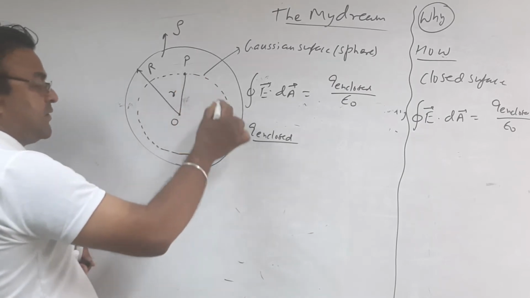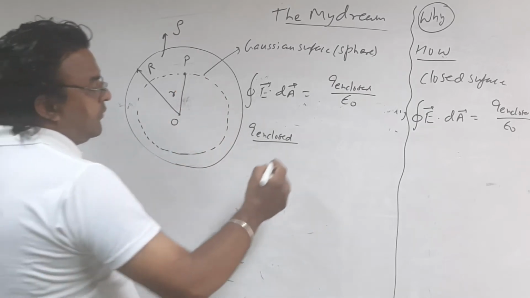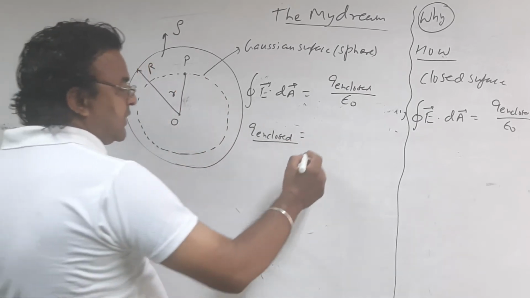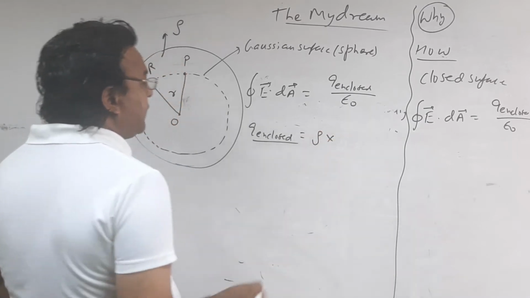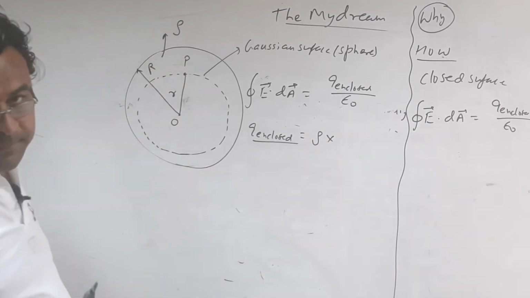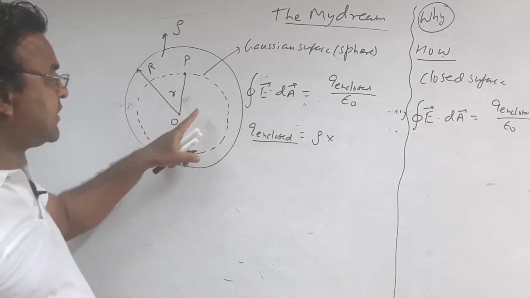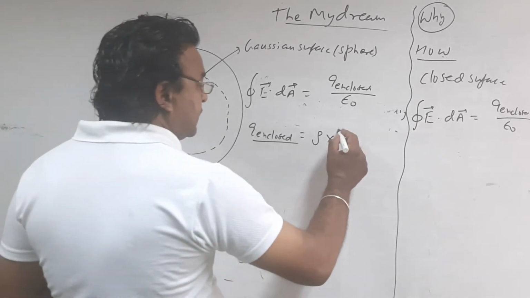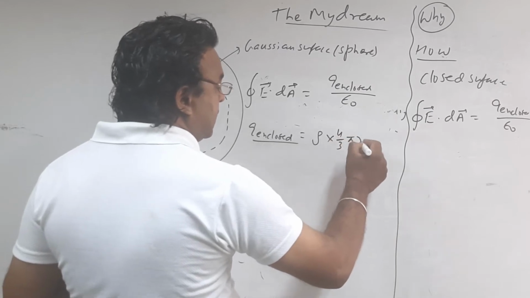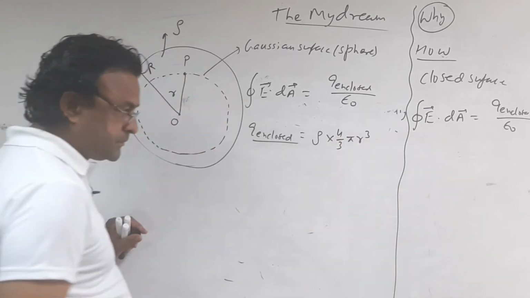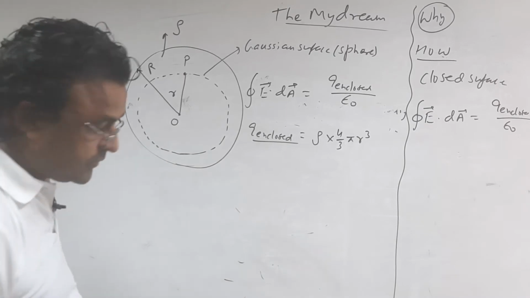Charge inside this sphere: we know that charge density is rho. If I multiply charge density with this volume, then it will give the charge contained inside this volume. This is rho into 4 by 3 pi small r cube. This is charge enclosed.